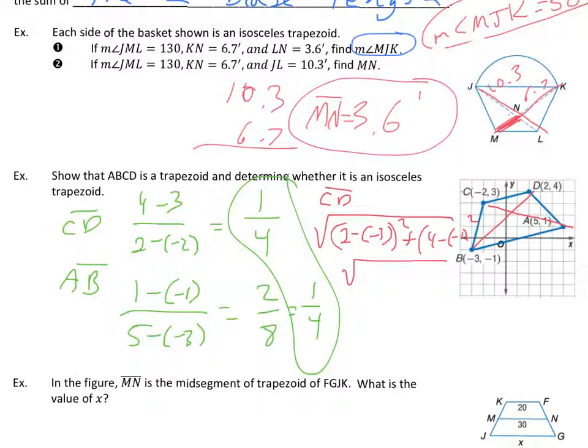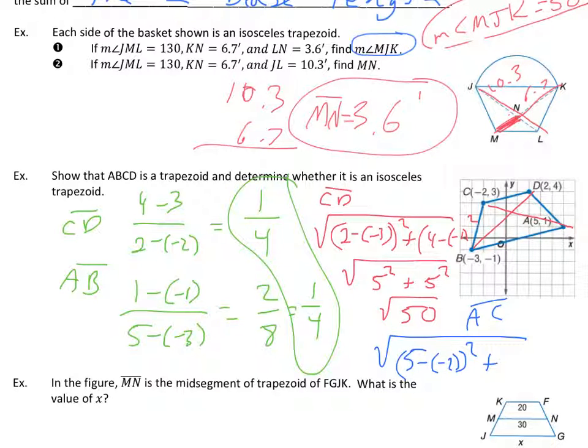That gives us 5 squared plus 5 squared. 25 plus 25 is 50, so we get radical 50. When I do the other one, which would be AC, distance formula of AC, we have 5 minus negative 2 squared plus 1 minus 3 squared.